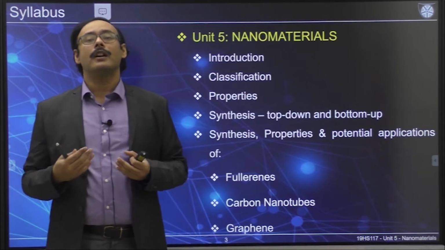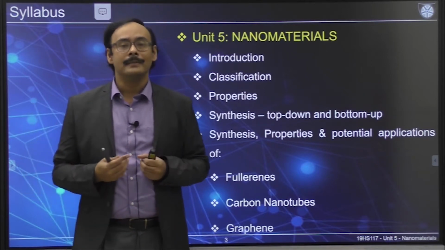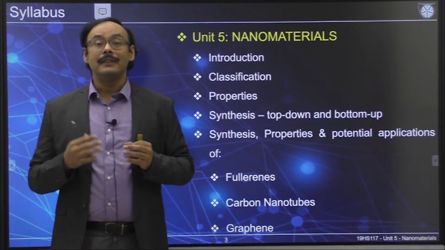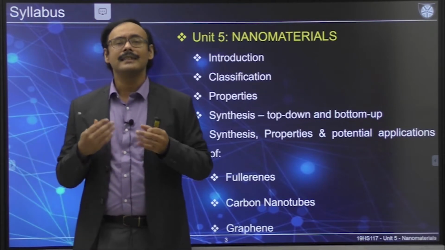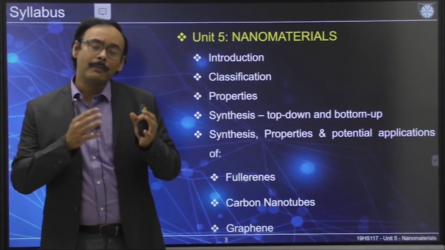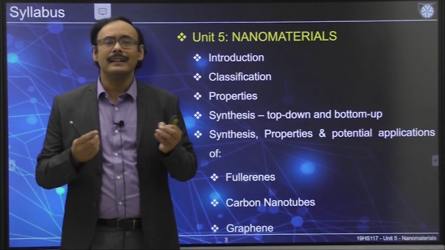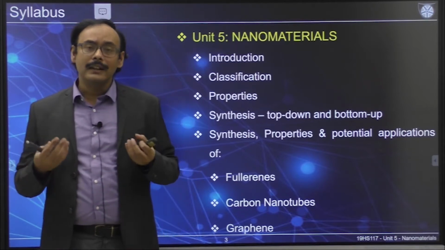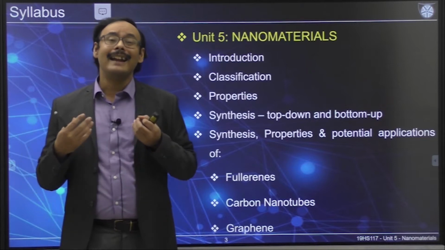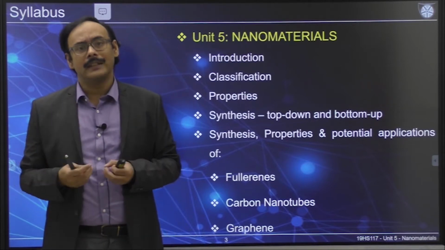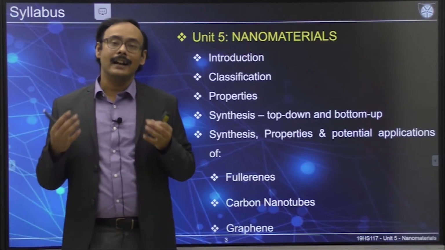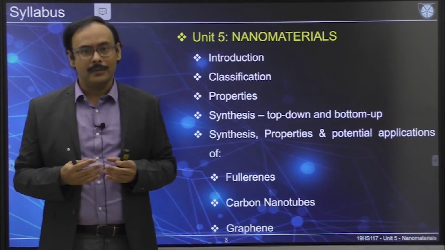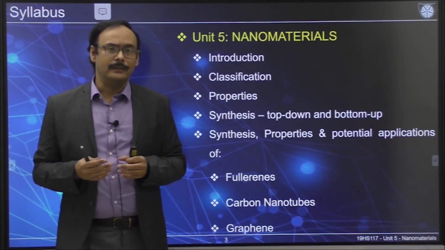When you talk about nanomaterial, it may sound a bit difficult to understand, but as far as synthesis is concerned, at least some of it you can do even in a lab. In our lab, we regularly synthesize nanomaterials, so it's not that difficult to synthesize some of them, not all of them. There are different ways to synthesize nanomaterial, but we will discuss that later on.